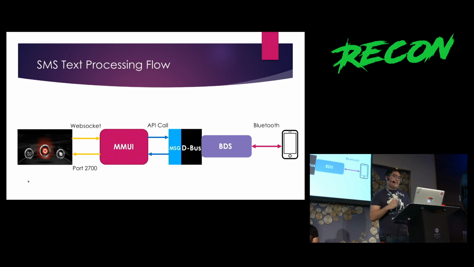When the Bluetooth service receives a data request from the backend over D-Bus, its service manager will kick in and start handling the corresponding type of request. In this case, we're more interested in anything related to text messages.